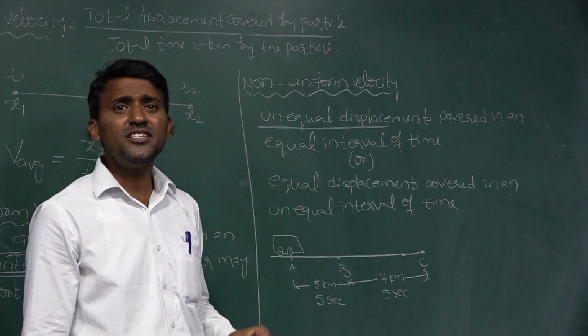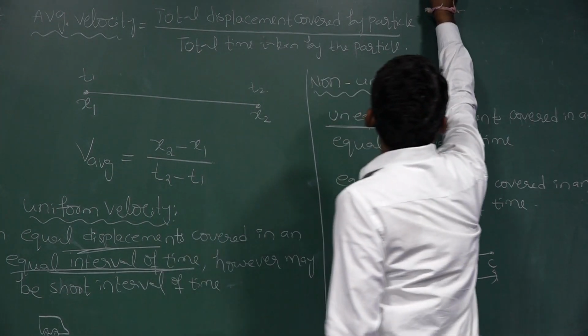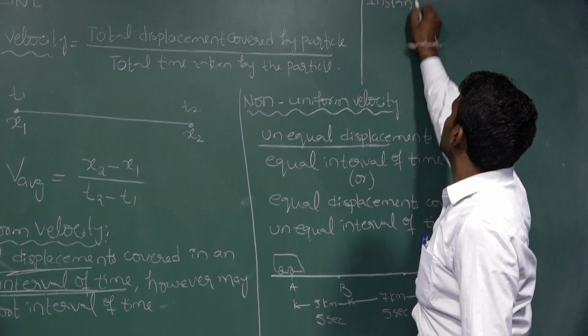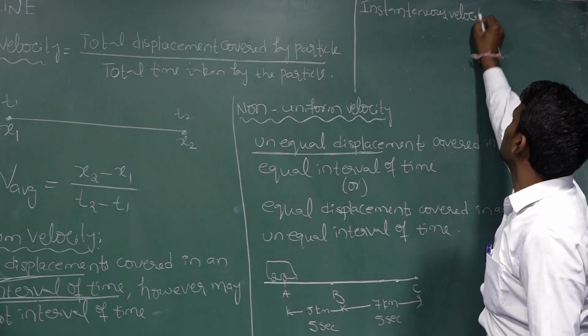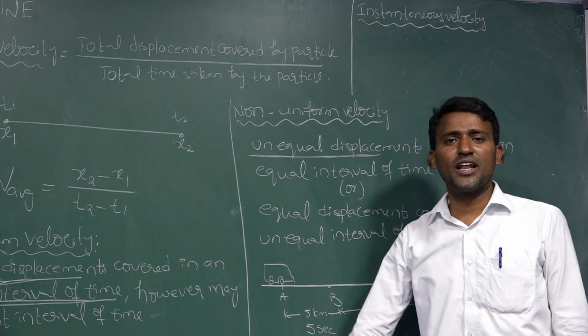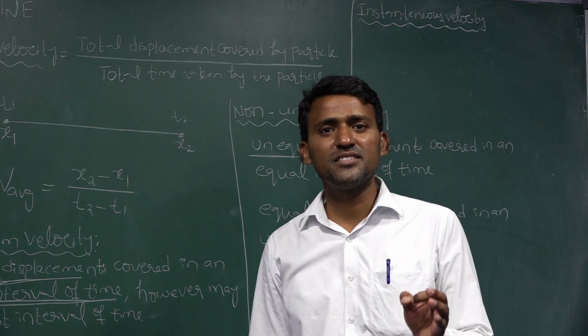And next one, instantaneous velocity. What is instantaneous velocity? Instantaneous velocity means velocity of the particle at a particular instant.